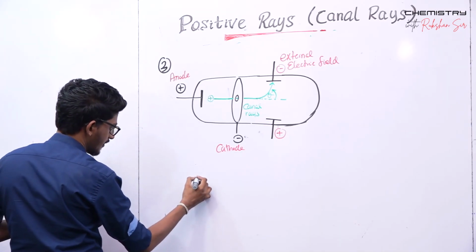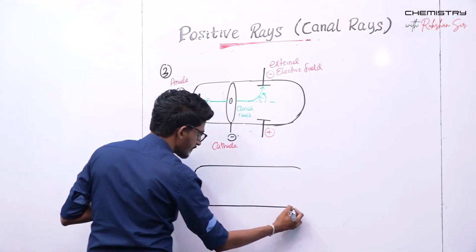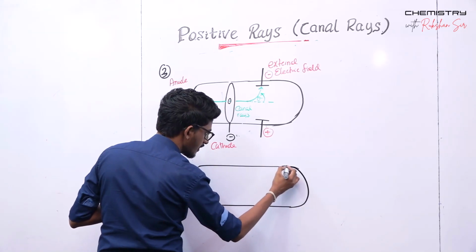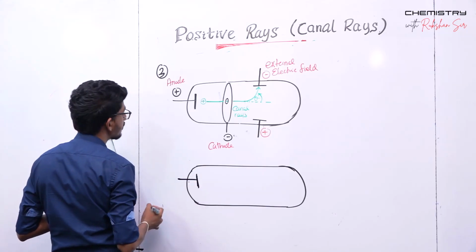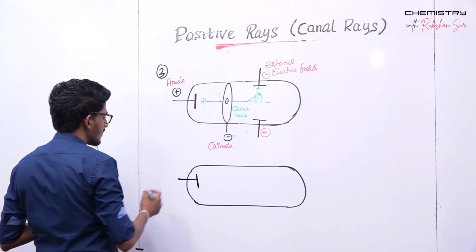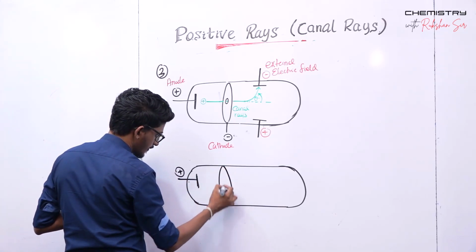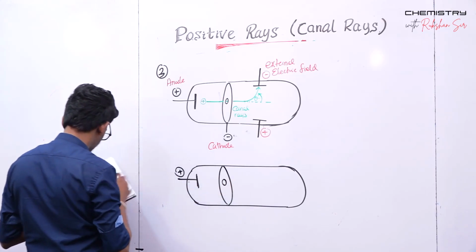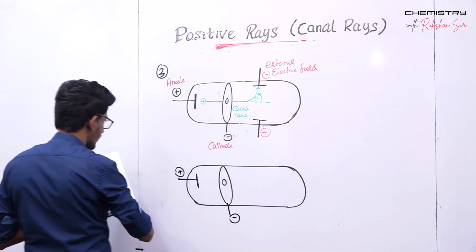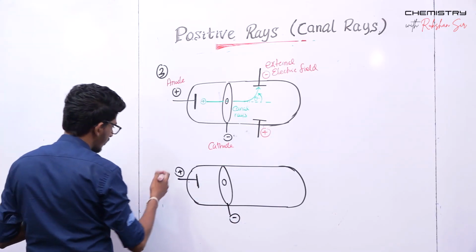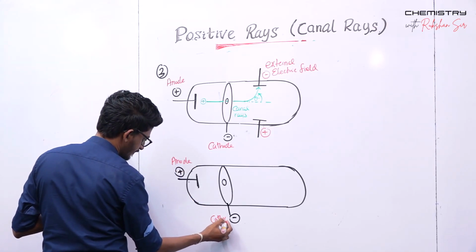So you can think of an external magnetic field as well. Now we are just trying to prove the charge of the canal rays. You can build this kind of setup: this is your anode, this is your cathode with some hole.